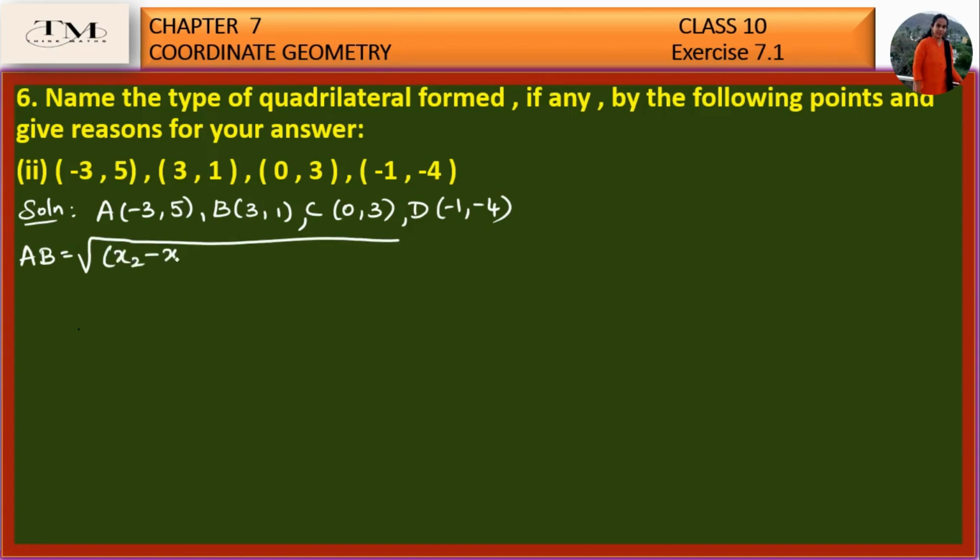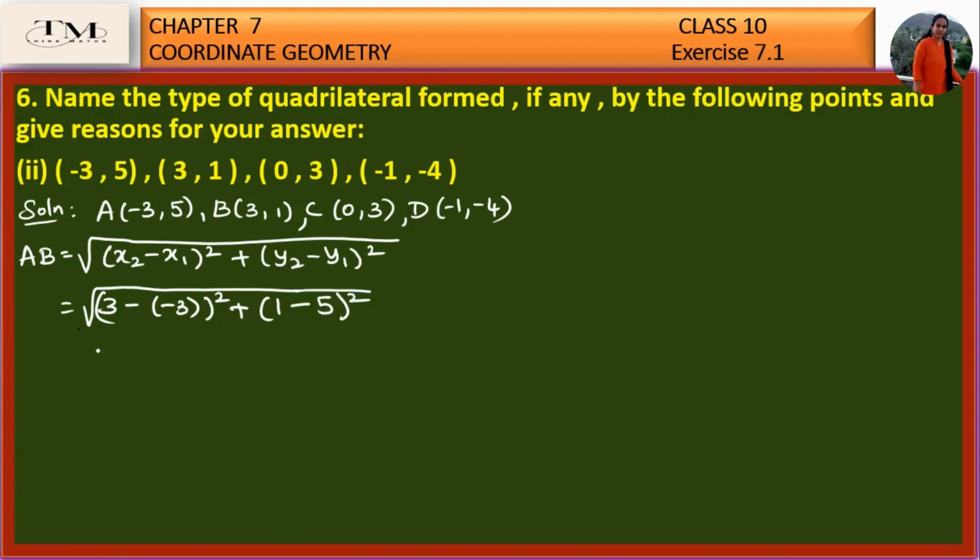So what is AB? Let us write the distance formula first: square root of (x2 minus x1) whole square plus (y2 minus y1) whole square. So AB is the square root of (3 minus minus 3) whole square plus (1 minus 5) whole square.